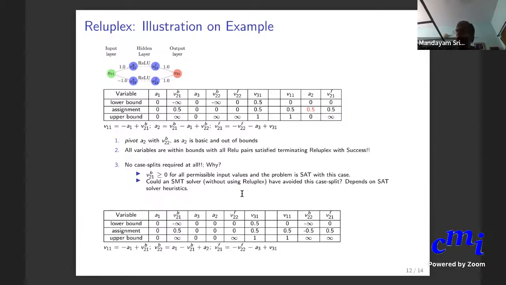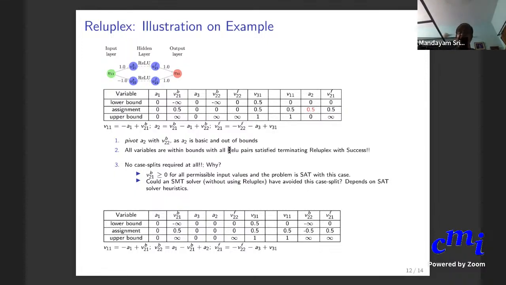And the SAT solver heuristics are usually generalized, optimized to handle all kinds of propositional structures, and not this limited propositional structure that a ReLU constraint imposes. Okay, and therefore, since it is optimized to solve the general problem, it may not always optimize the number of case splits that it requires.